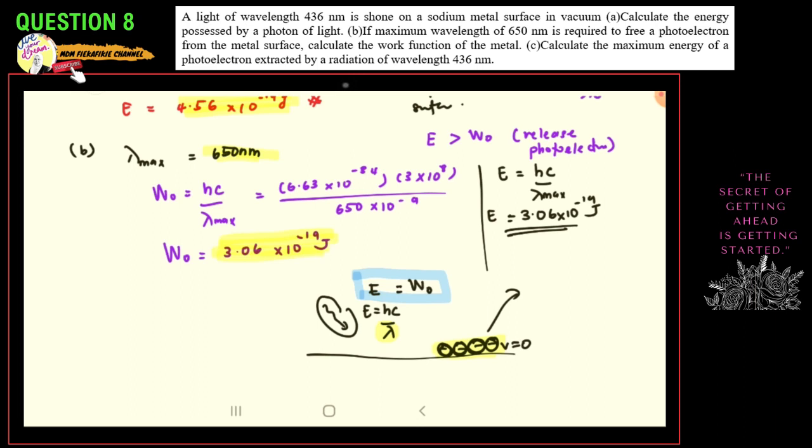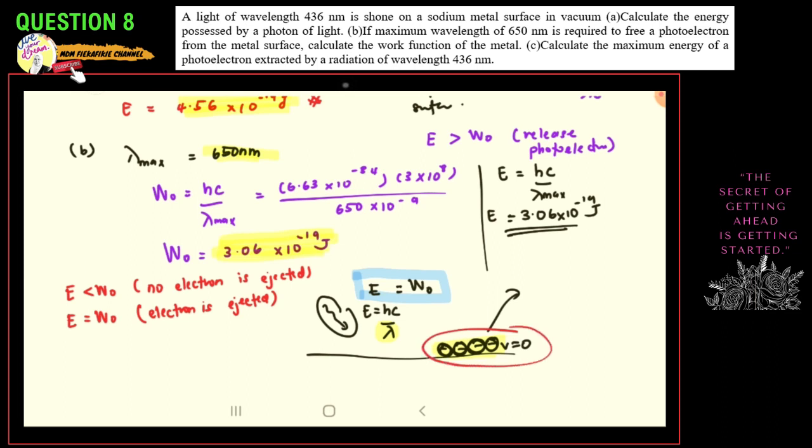Boleh? Remember, if E less than work function means that no electron is ejected. Langsung tak boleh keluarkan elektron lah. Tapi kalau E equal to the work function tadi, so electron is ejected. Untuk case yang ini tadi, electron is ejected, dekat surface sahaja.